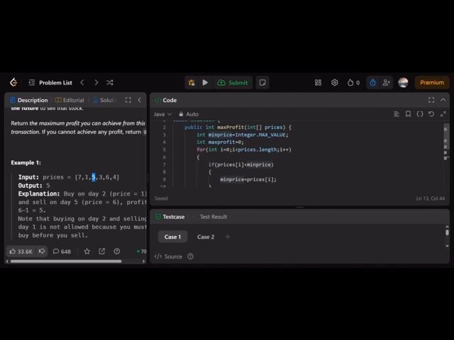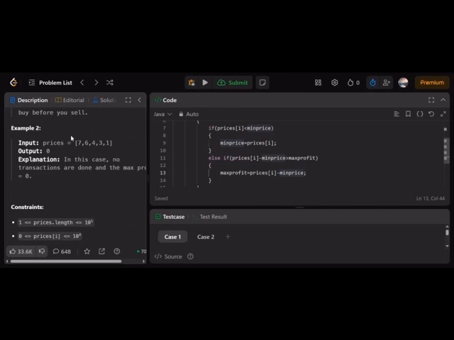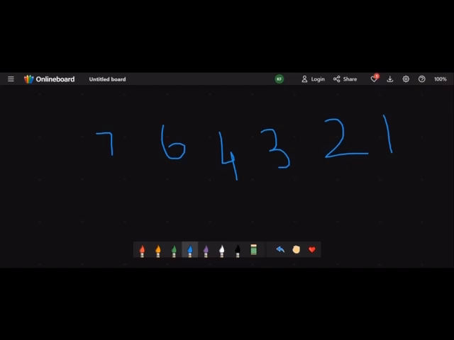So it keeps track of the minimum value, as well as the maximum profit you will achieve. Let's do this for a case. Let's see what happens here.